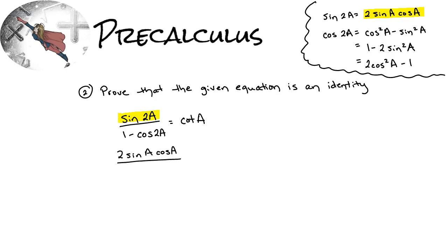All right, now the denominator, there's a cosine of 2a down there, which is right there. And I am going to pick this middle version to use. The reason is because, if you notice, there's a 1 minus in front of the cosine 2a.